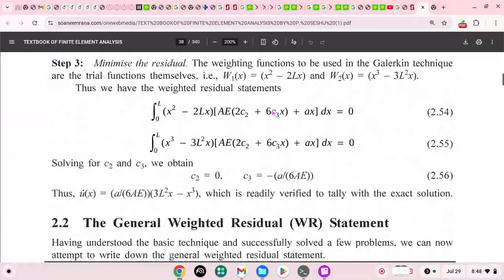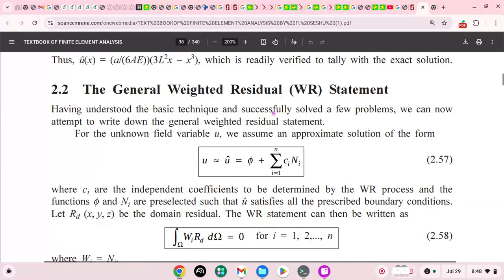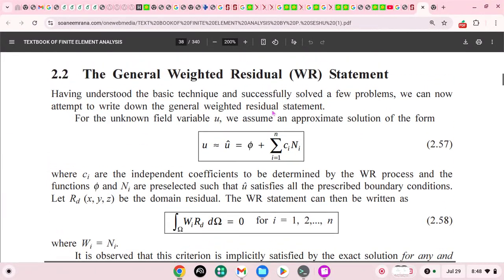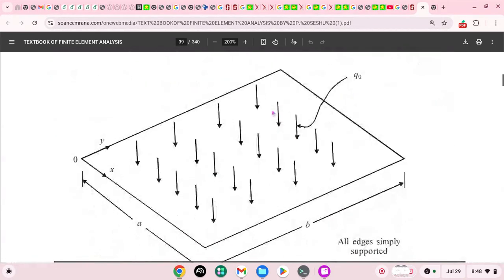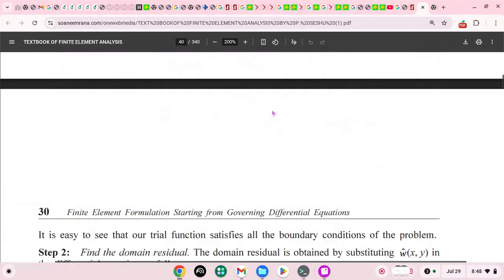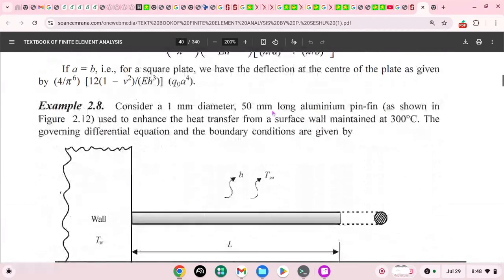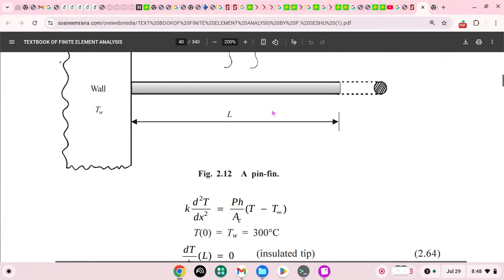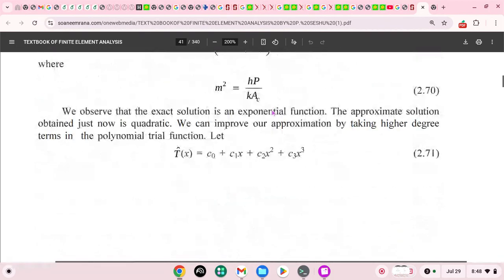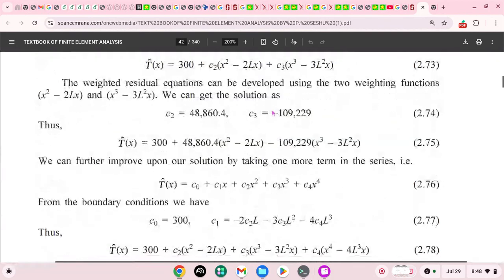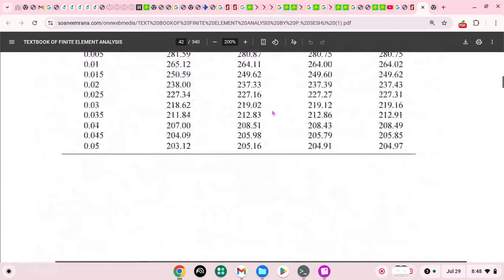Again, this weighted residual method can go to weak formulations. From this weighted residual method, the weak formulation is formulated for different governing problems like structural mechanics. It's very well written, but we will go deeply into all these facts.